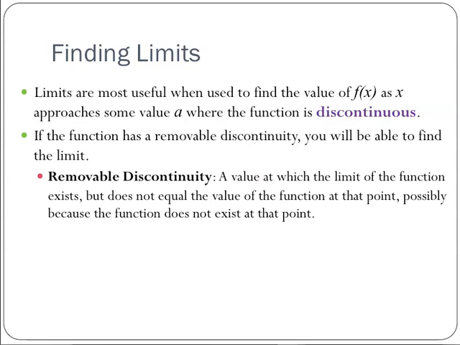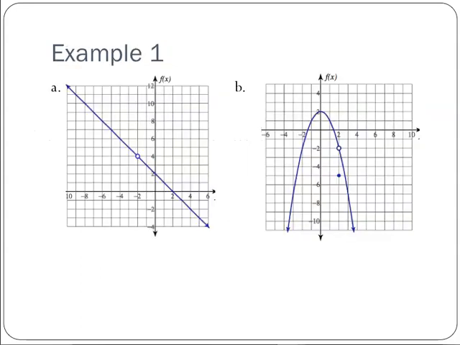Let's take a look at some examples. In this first one, we have a line, and we have a very clear hole at negative 2. If you were asked what f of negative 2 is equal to, you would say it doesn't exist, because there's a hole.